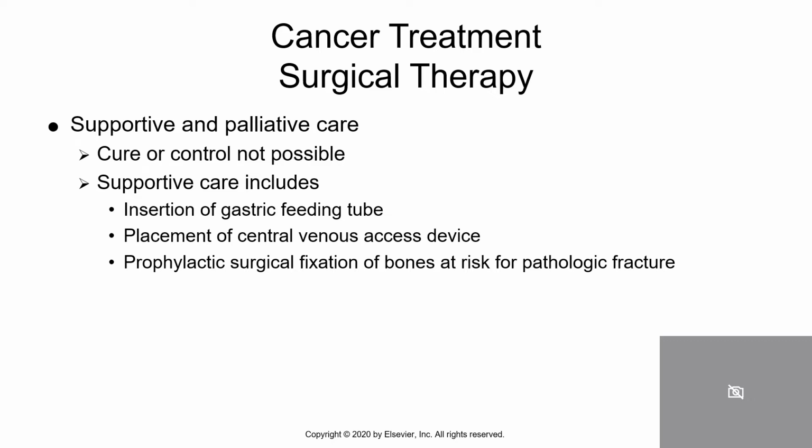So the debulking of the tumor that we talked about, but in this purpose, it would be to debulk it to relieve pain or pressure. If a patient had a bowel obstruction, a colostomy would be considered a supportive care therapy. Those are just a couple of examples.